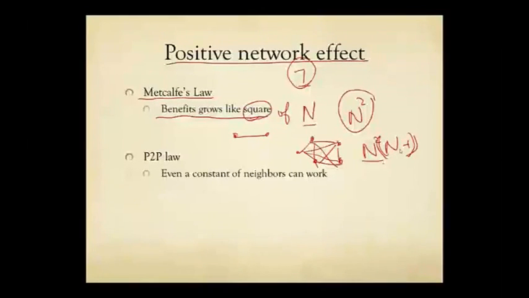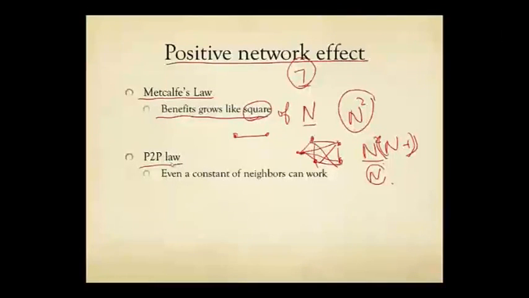And more generally speaking, we need the number of links coming from a node to grow at least linear order of n in order to enjoy this n squared benefits of Metcalfe's law. And this has been invoked in so many studies in social sciences as well as engineering.